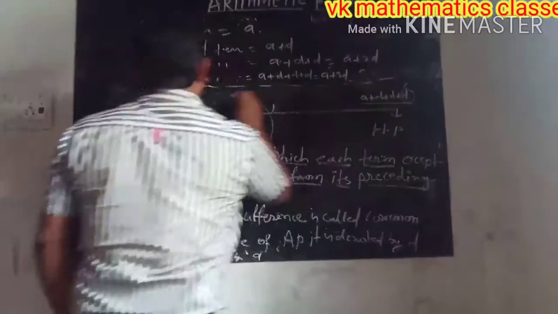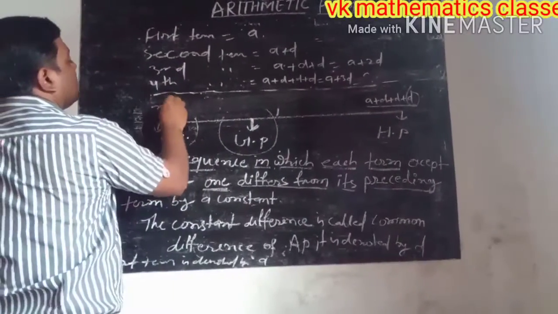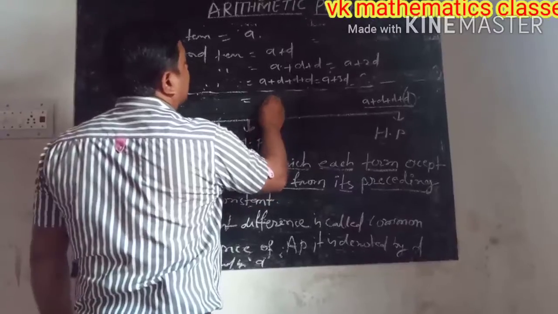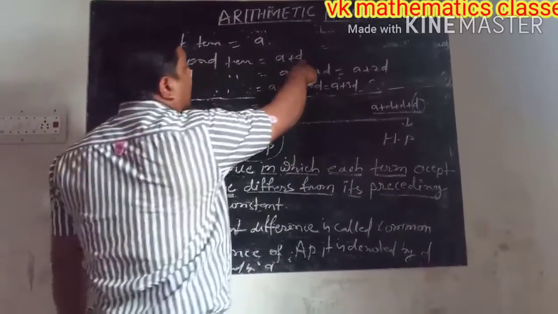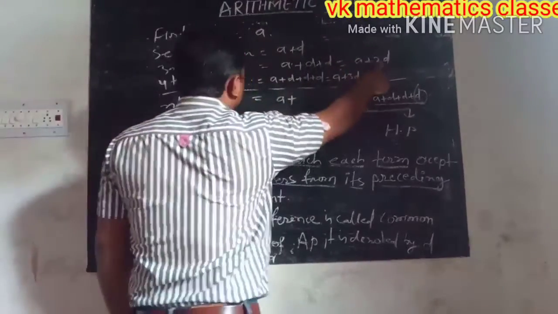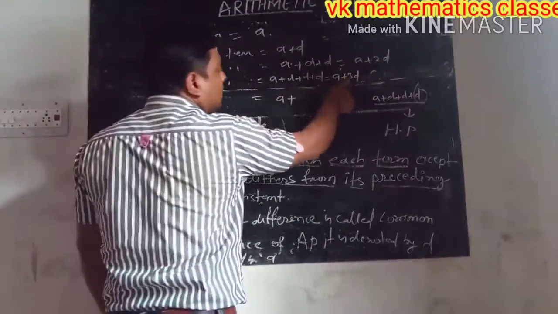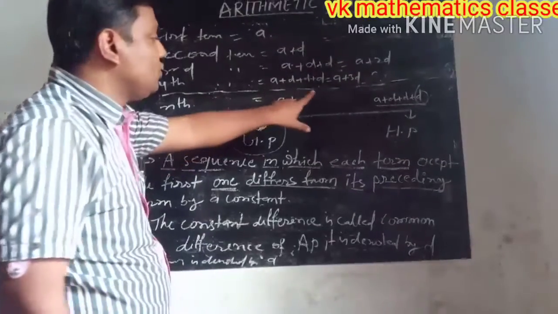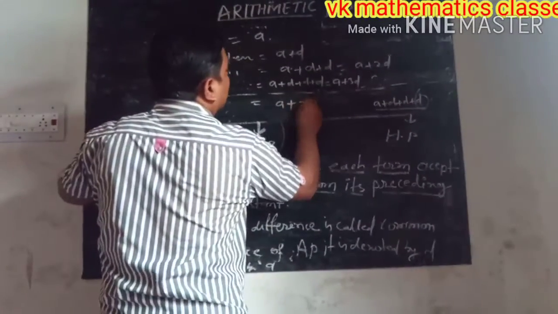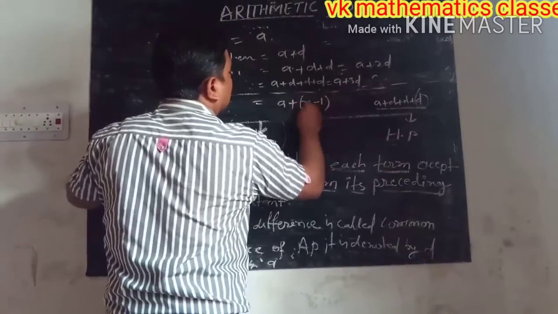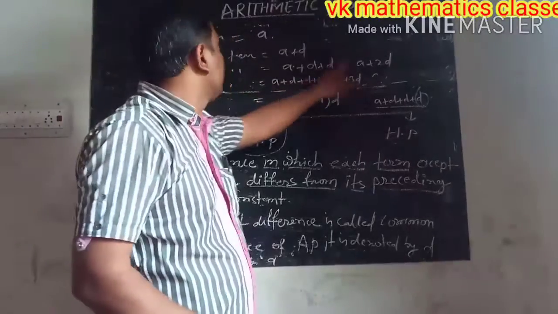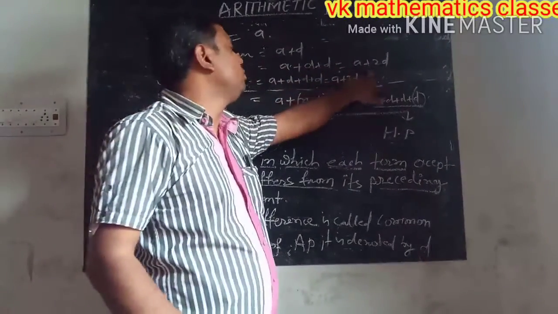We can find the nth term or general term also. The nth term is a plus n minus 1 into d, because the fourth term has 3 and the third has 2, so 1 is reduced.